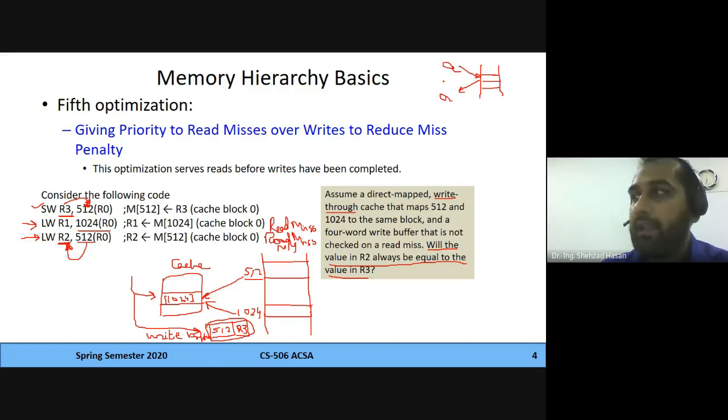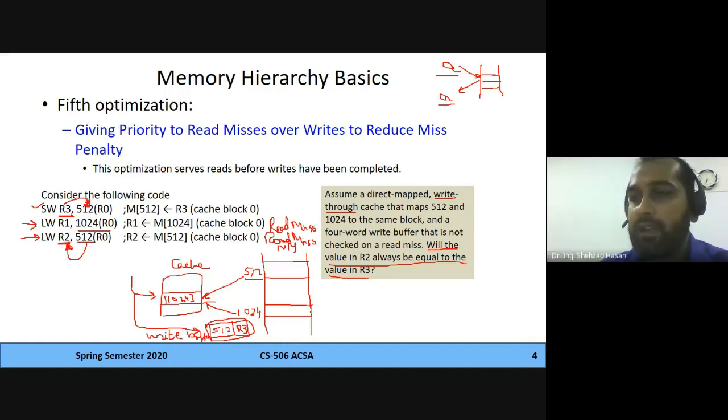This is my idea, that if I'm going to load my memory with A, I should get A. If I'm writing something to a memory location and I read that same memory location, I should get the same value, right? This is what I need to ask.